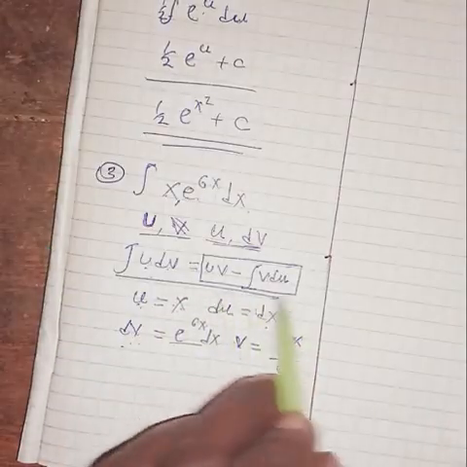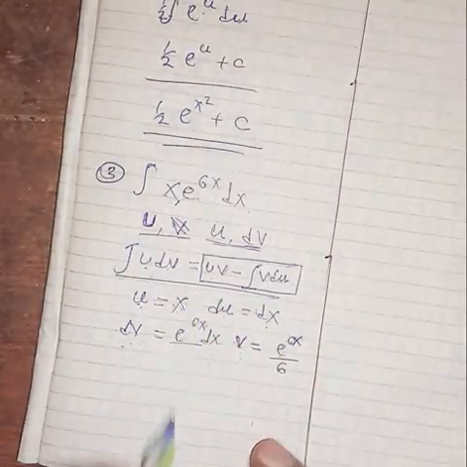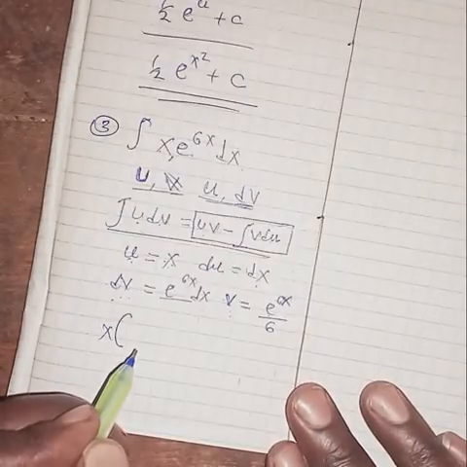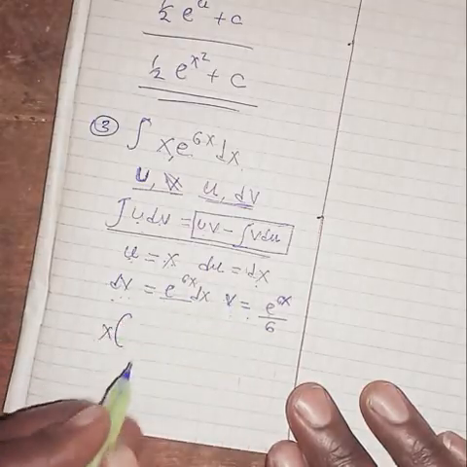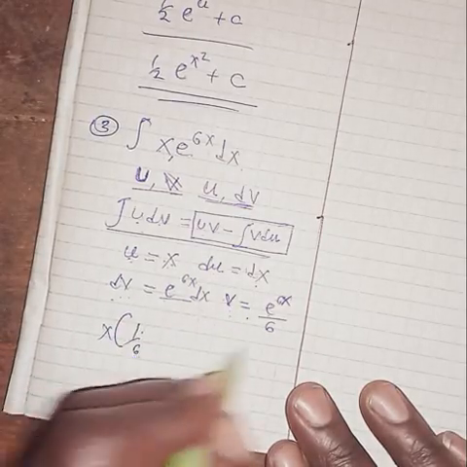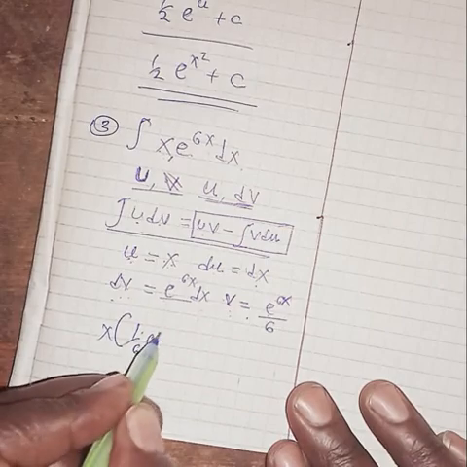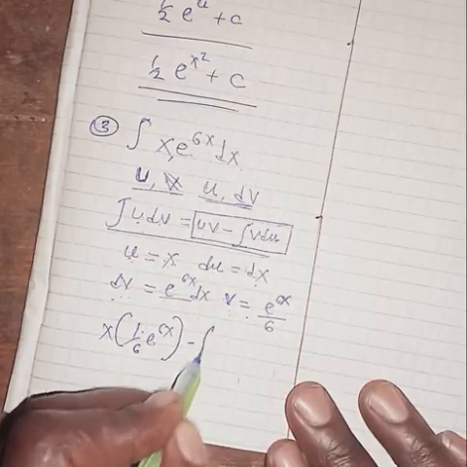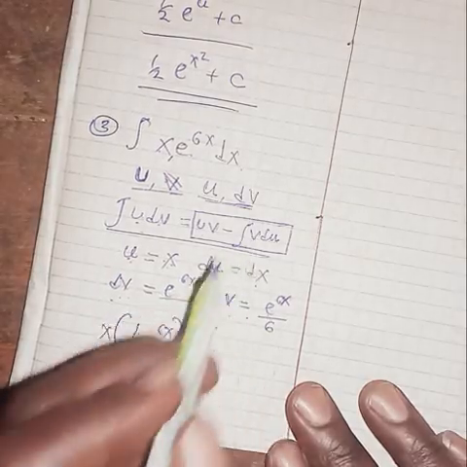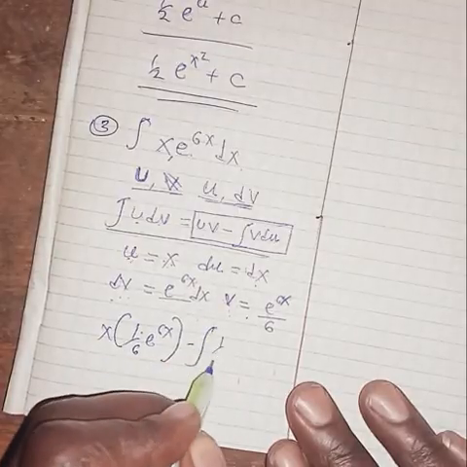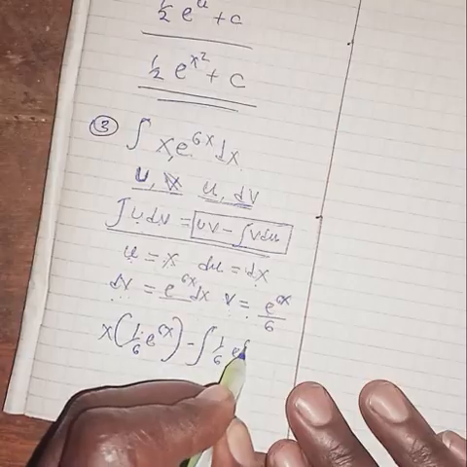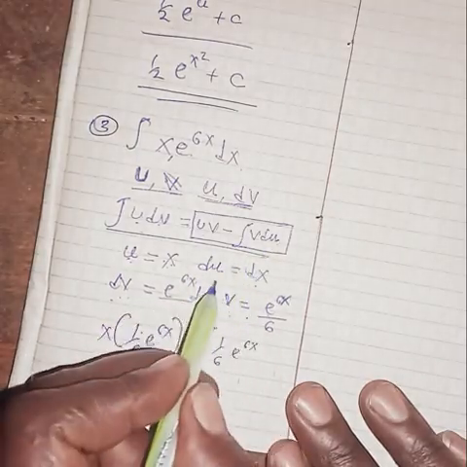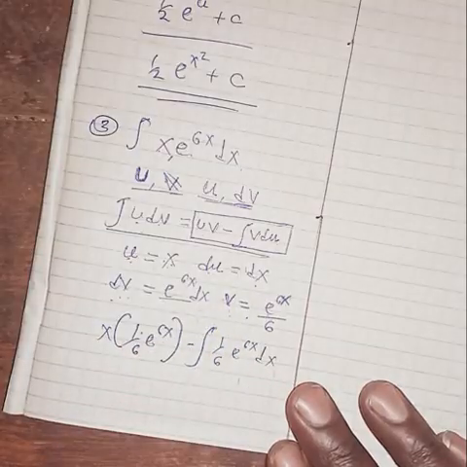Let us substitute. u is x, into v, v is 1 over 6 e raised to 6x, minus the integral of v du. v is 1 over 6 e raised to 6x, and du is just dx.